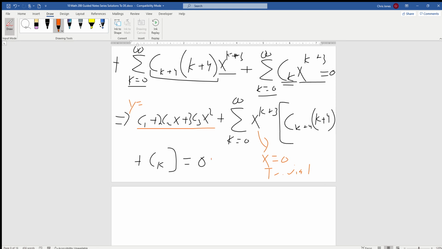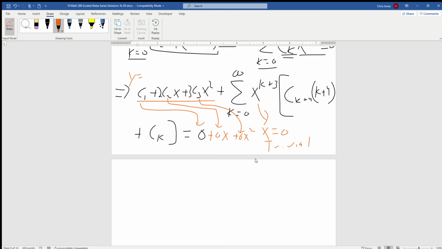Remember that this is the same thing as 0 plus 0x plus 0x squared. So wouldn't it make sense that the coefficients of x have to match up to the coefficients of x? Because if this is all equal to 0, and x can be any number it wants, that means these constants have to be 0. So one thing we can see right away is that c1, c2, and c3 are equal to 0.